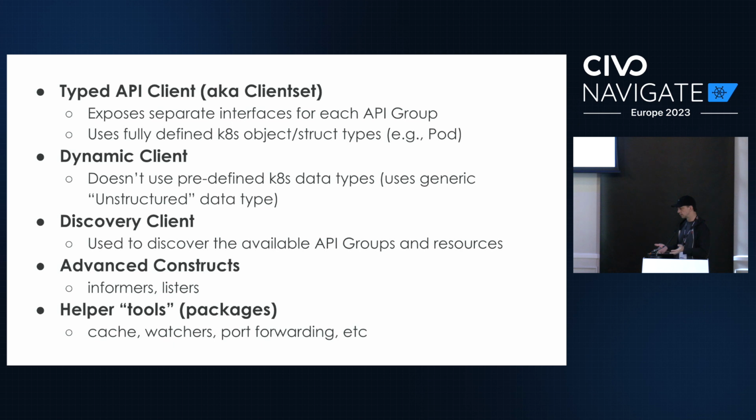But because you're going to deal with the core API or maybe the apps API group calls, you probably don't need that client as well. There's also a bunch of advanced constructs there, like informers that help you build more sophisticated applications like controllers. For example, informers help you keep track of changes in your cluster, so you don't have to poll all the time. And there's a whole bunch of helper tools to support port forwarding and all of that.